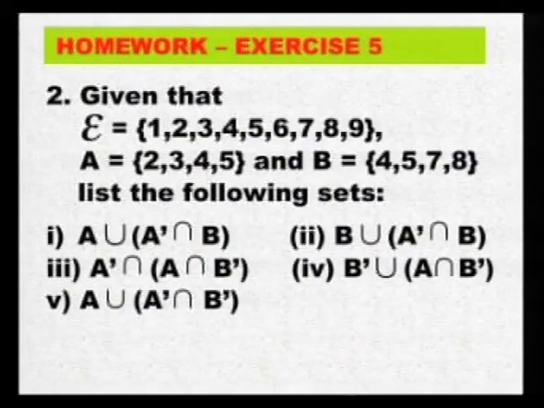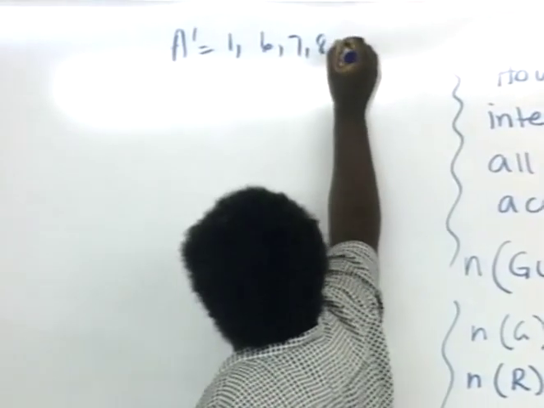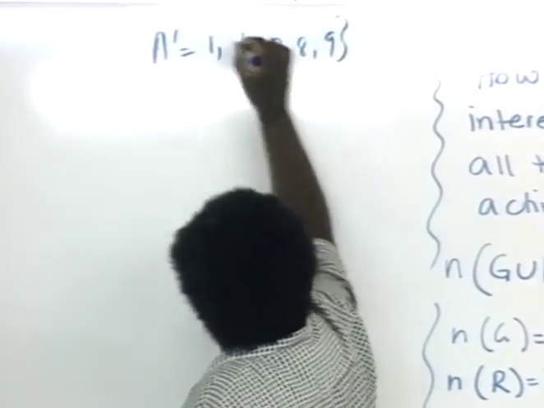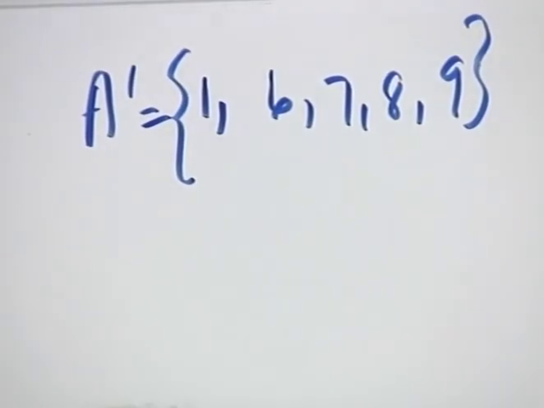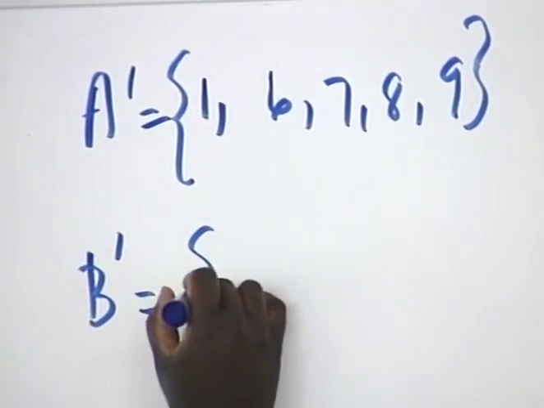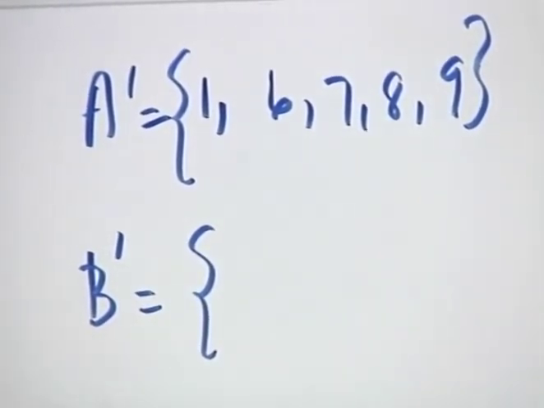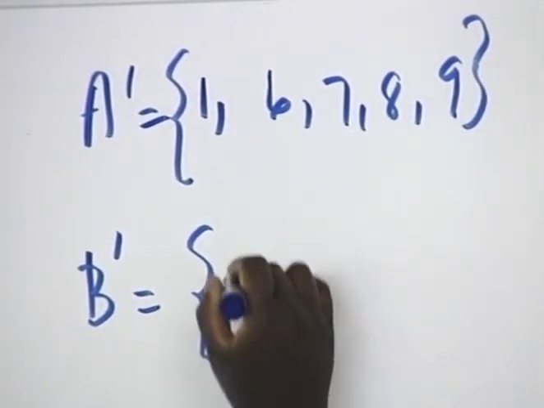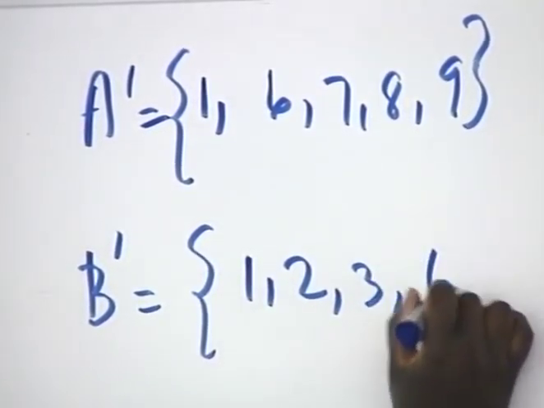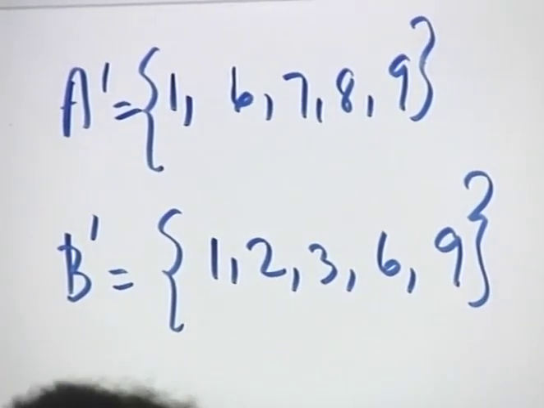The complement of A, we had it here before: 1, 6, 7, 8, and 9. The complement of B will be 1, 2, 3, 6, 9. Okay, that's the complement of B.